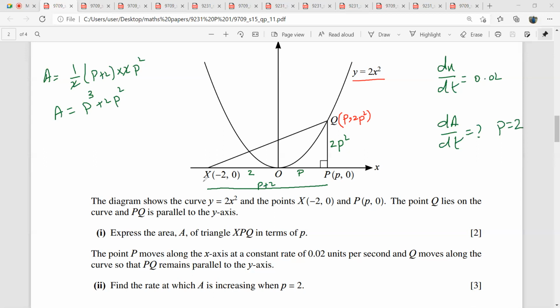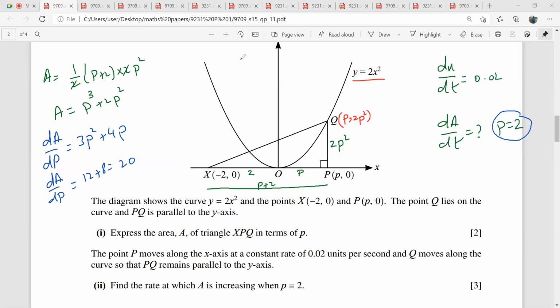So let's find first of all dA by dP from here. Here is dA by dP, which is 3p square plus 4p. You put that p into it, so you have dA by dP, that is 3 into 4, 12 plus 8. So that is equal to 20.